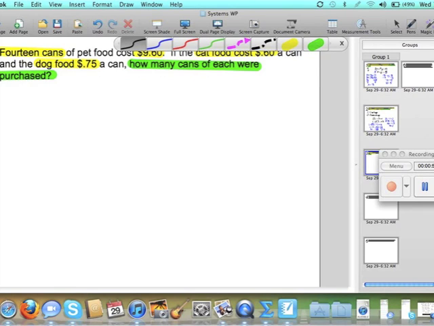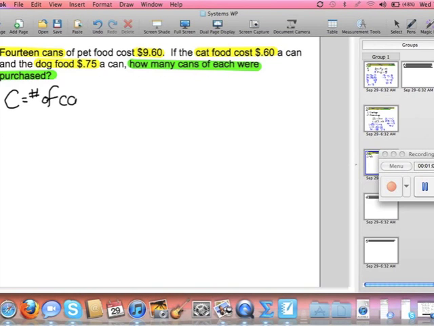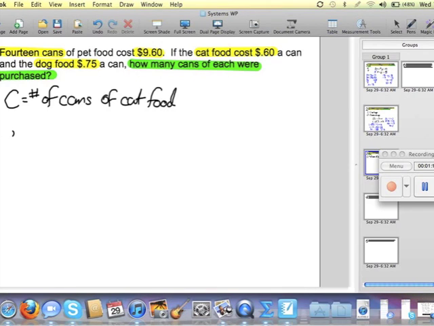Our two equations at this point. We don't know what our variables are, so we can say C for number of cans of cat food, and we can say D for number of dog food.